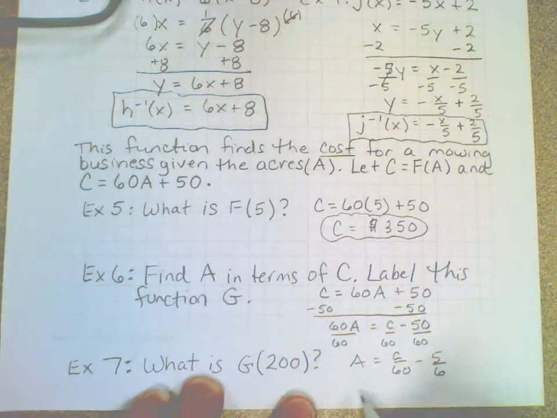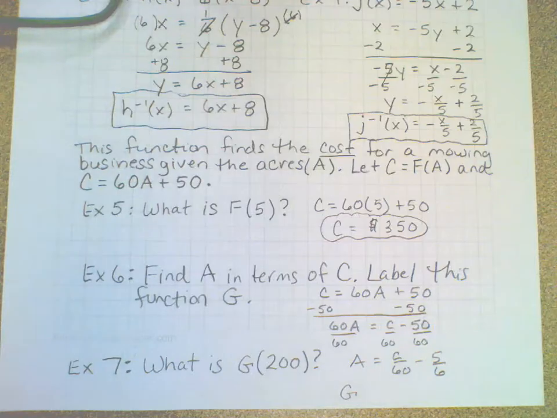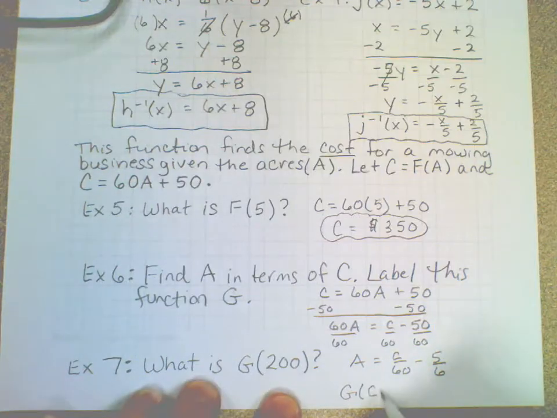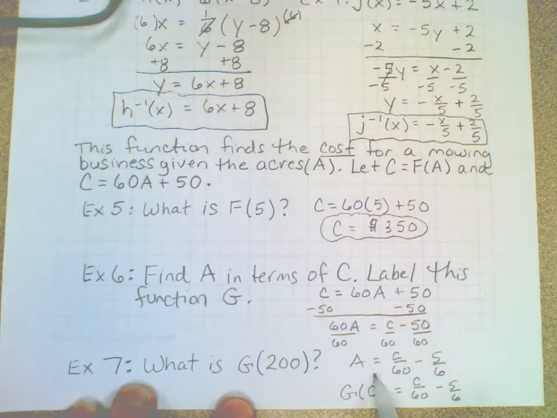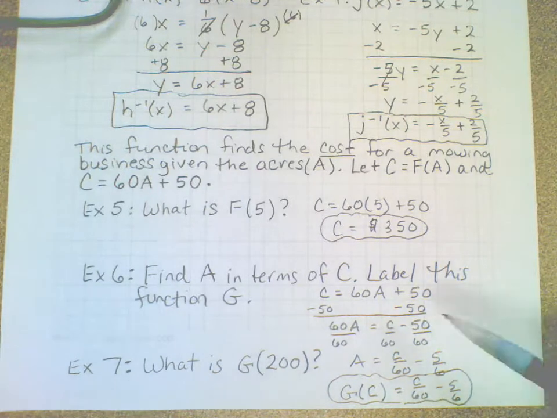Okay, and I'm going to rename that function G. So it ended up being G of C equals, so I don't have to use that little inverse notation because we didn't technically call this an inverse, but we followed a similar process. We just renamed it with a different function.